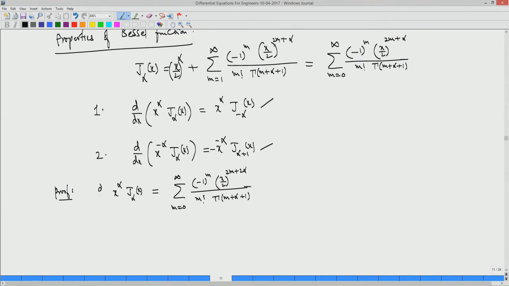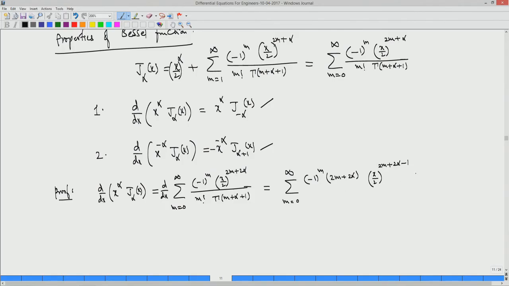If you differentiate this, this will become simply sigma m from 0 to infinity, minus 1 power m, 2m plus 2 alpha, into x by 2 power 2m plus 2 alpha minus 1.